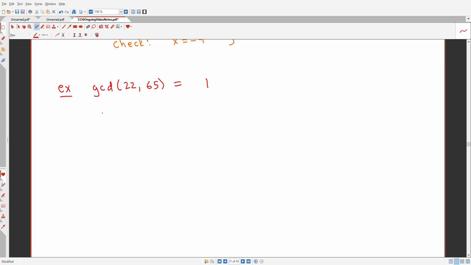So Bezout tells us that there has to be an integer x, and there has to be some other integer y that makes this equation true. And what you can watch me waste a lot of hard drive space on is, what's gonna make this one work, right?